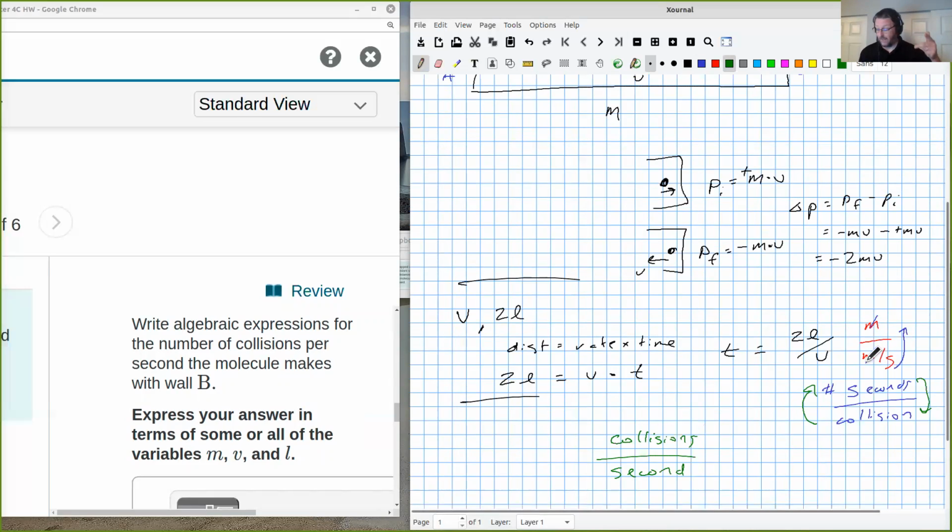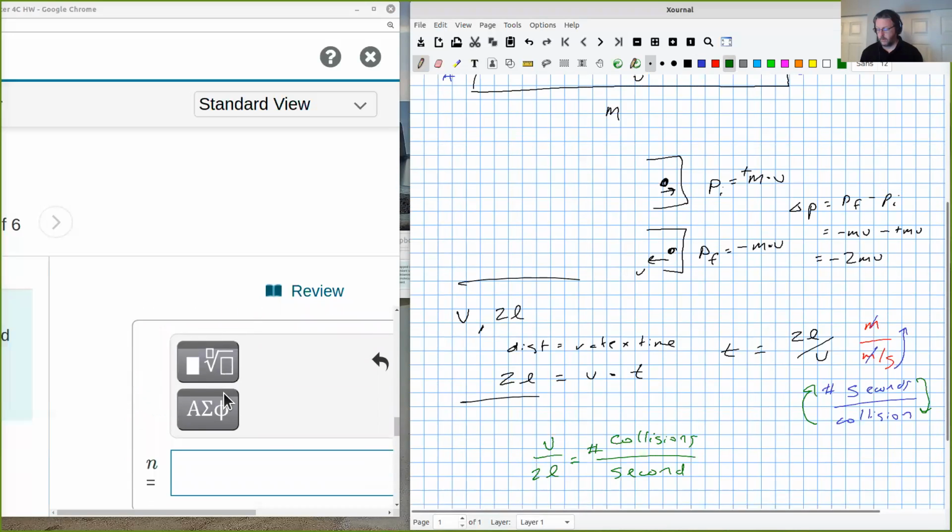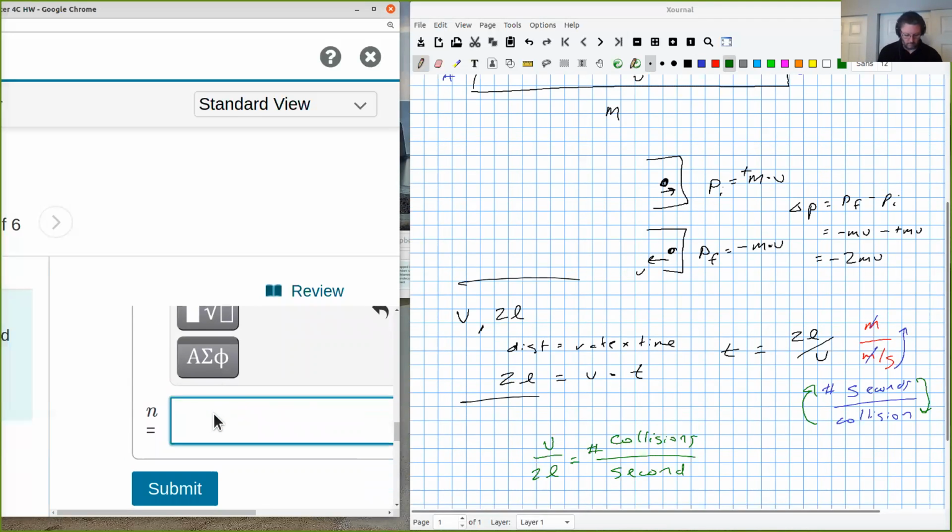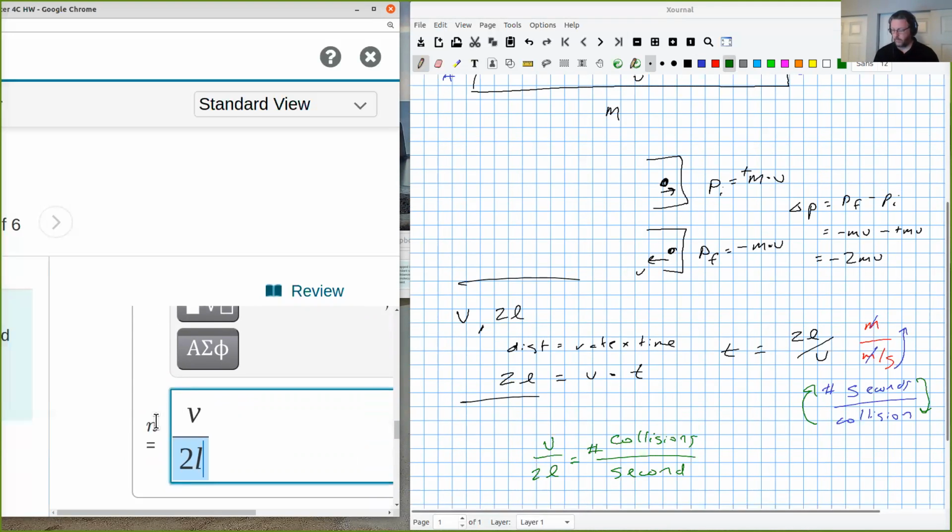So if I flip it over, I'll get that. So that's V over 2L is the number of collisions per second. So let's try that. V divided by 2L.